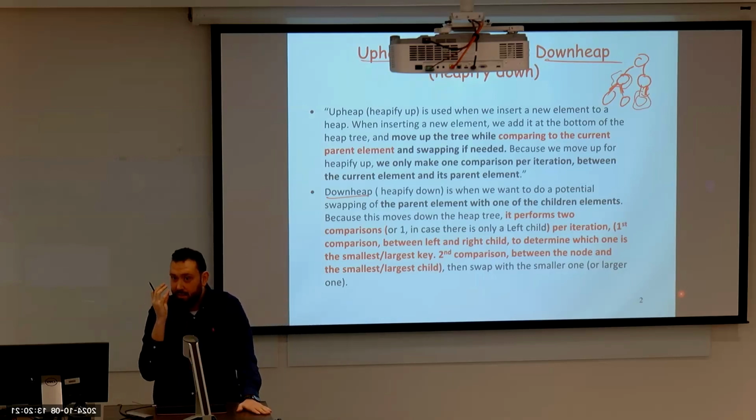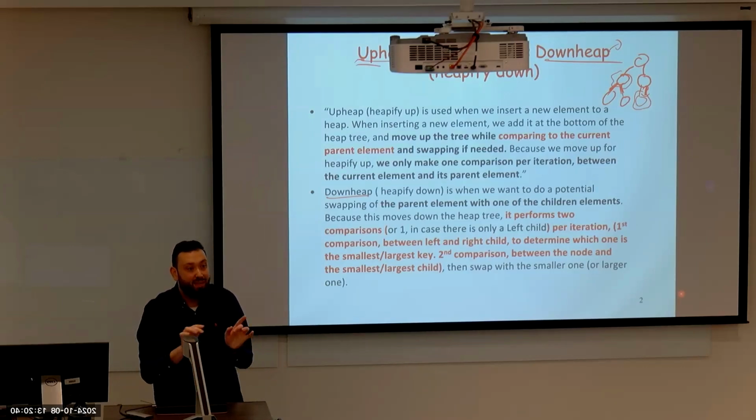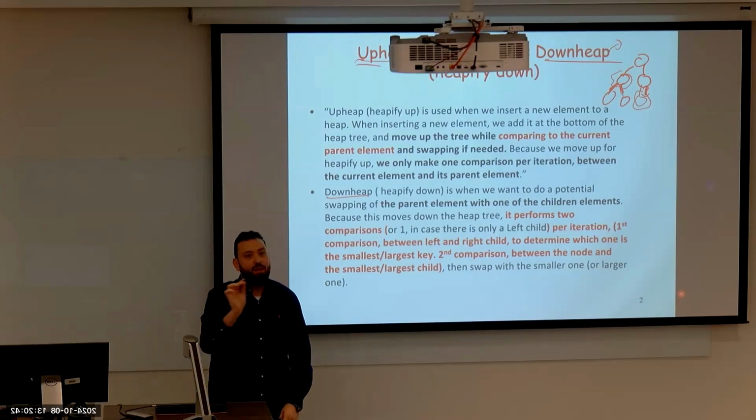So what is the main idea between up heap and down heap? Up heap, we're only comparing with the parent. Down heap, we start at the root and compare with both children. Okay? So up heap and down heap have nothing to do with max heap and min heap. It's not like down heap is reserved for min heap and up heap for max heap. No, we can apply both to min heap and max heap.